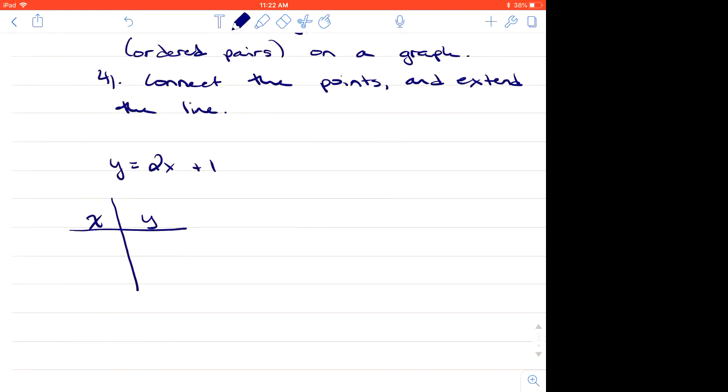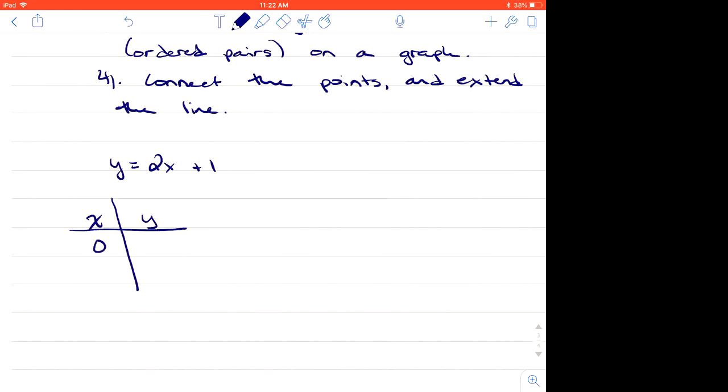Not trying to be a hero here. Okay. So my go-to x value that I start with is just x equals 0. Right? That's easy to solve for. Let x be 0. You can pick any value of x that you want. Right? So why not make it something that it's easy to solve for?